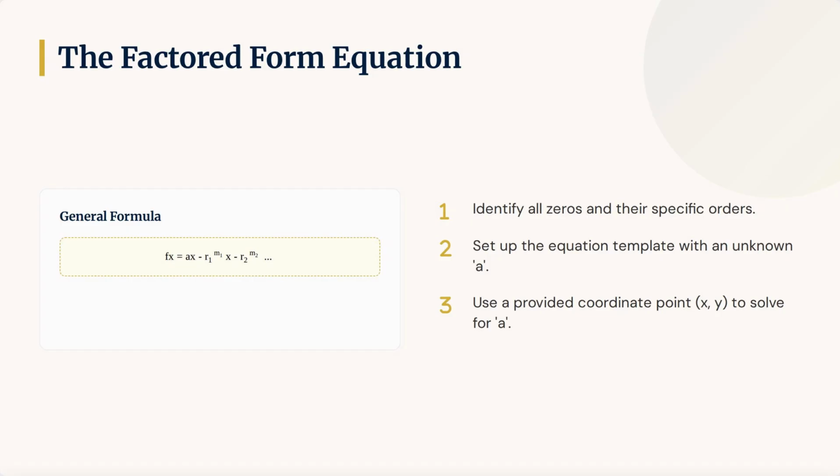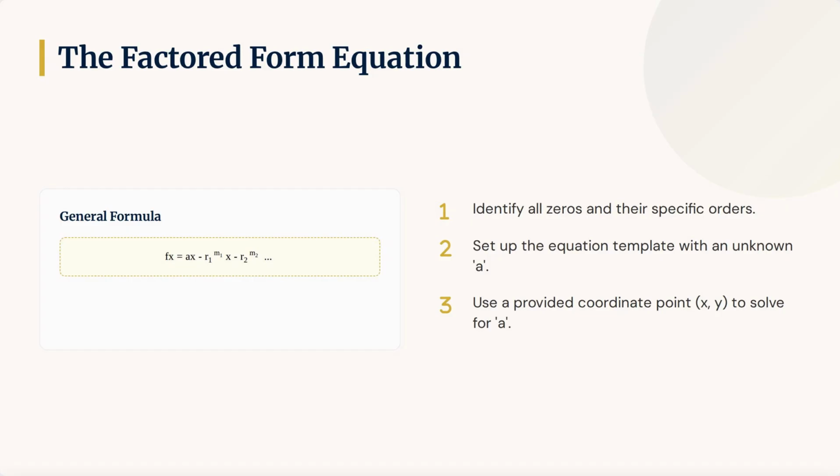Step 3: we use a given coordinate point on the curve to algebraically isolate and solve for the unknown factor, like A or B or C.